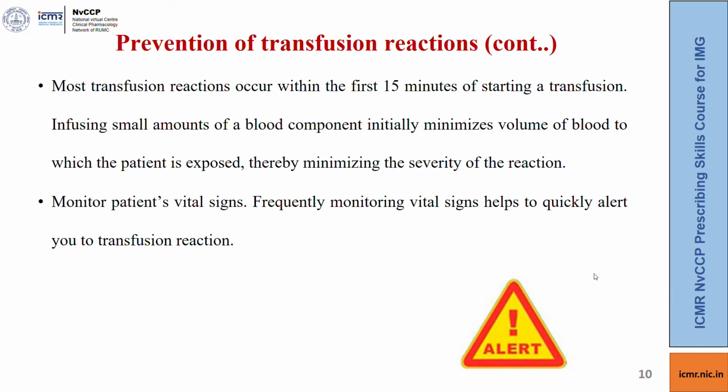Most transfusion reactions occur within the first 15 minutes of starting a transfusion. Therefore, infusing small amounts of a blood component initially minimizes the volume of blood to which the patient is exposed, thereby minimizing the severity of the reaction. And it's very important to monitor the patient's vital signs, especially within the first few minutes of a transfusion.